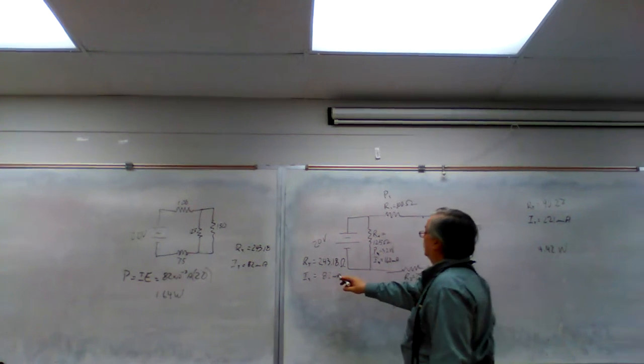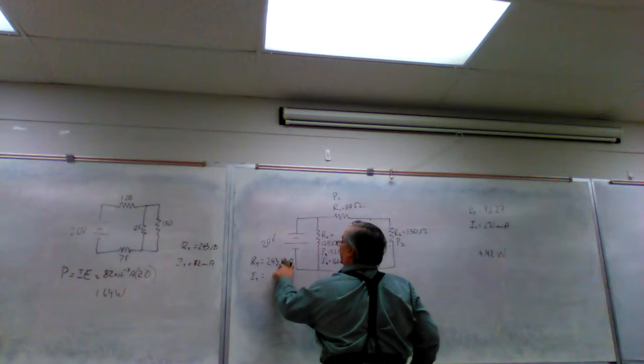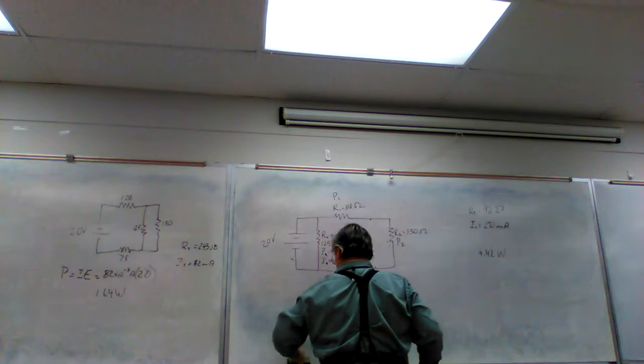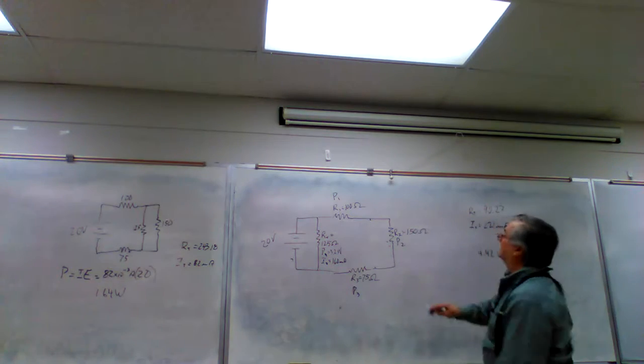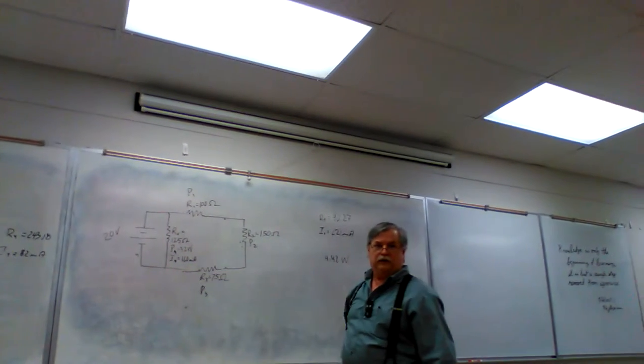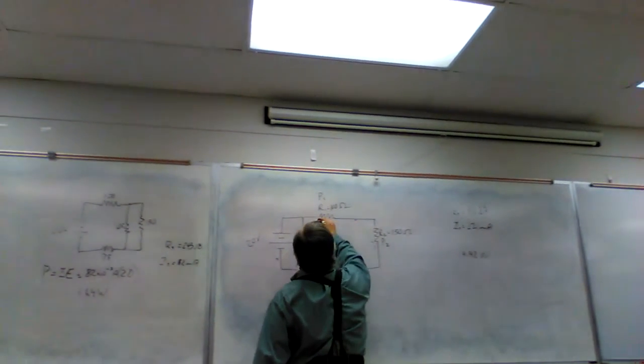Okay, well, that's not the right total current. That goes with the other one. There we are. If we've got 160 milliamp going through here, how much is going through the other three? 205 milliamps.